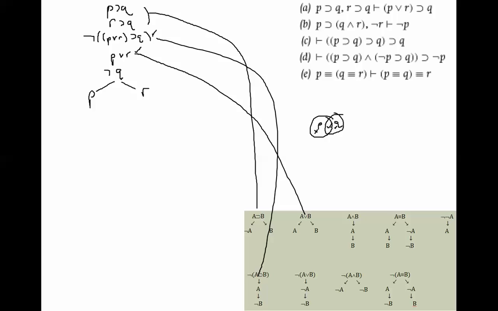If you are in P and you're in Q, you're good. If you're in Q but you're not in P, no big deal. If you're not in either one, no problem at all. So this statement, if P then Q, is true if either you're not in P, because all the things outside of P are good, or if you are in Q because all the things in Q are good. The only part that's not good is being in P but not being in Q.